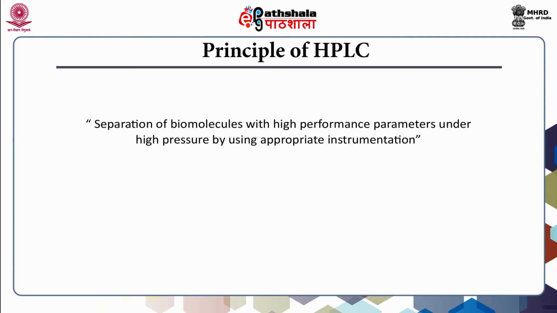So, that is why the principle of HPLC is again the separation of biomolecules with high performance parameters under high pressure by using appropriate instrumentation. What we can see here is appropriate instrumentation. That means HPLC needs special instruments with special characteristics. Let us see what are the HPLC instrumentation or components in the next slide.